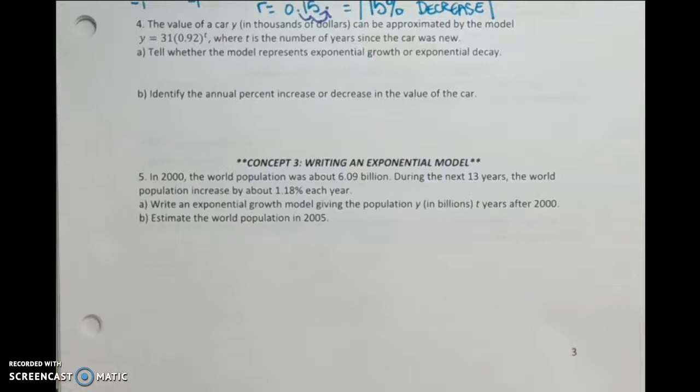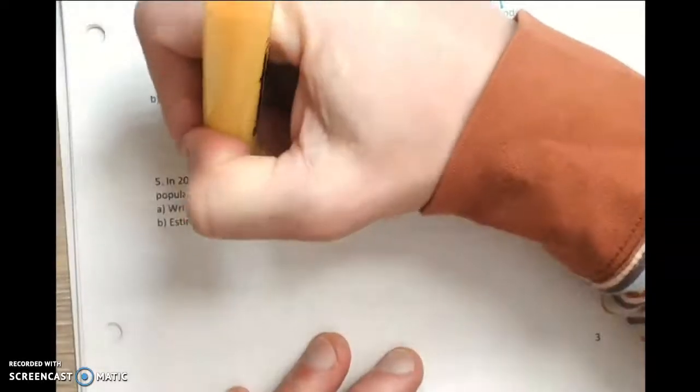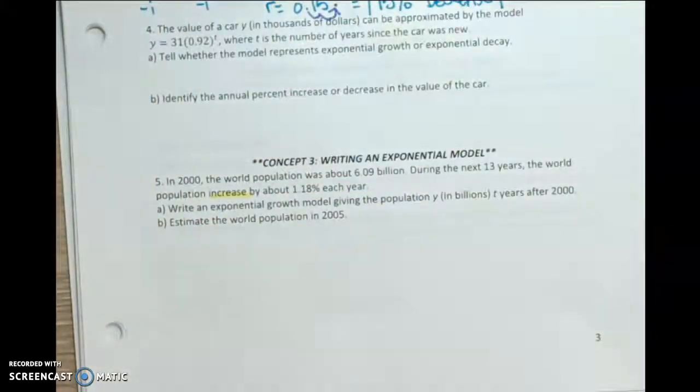Concept 3, writing an exponential model. In 2000, the world population was about 6.9 billion people. During the next 13 years, the world population increased by 1.18% each year. It is important to know that it is an increase, right?